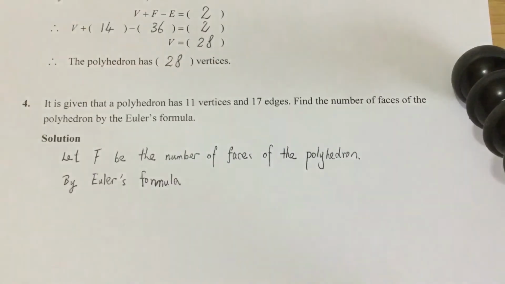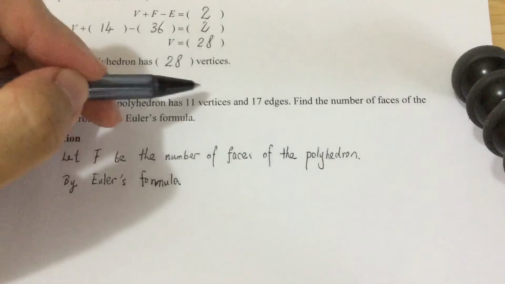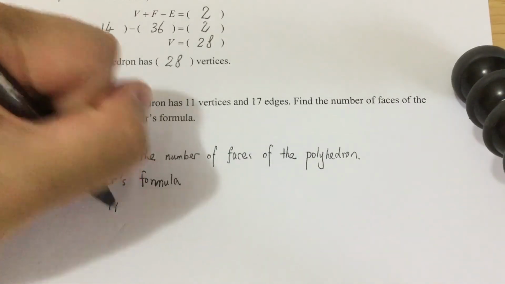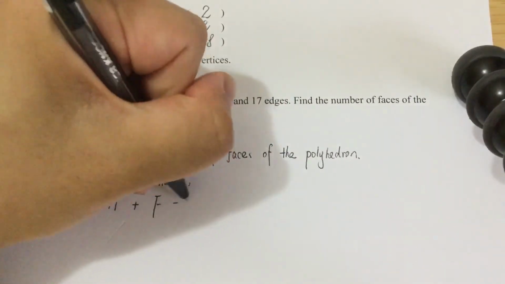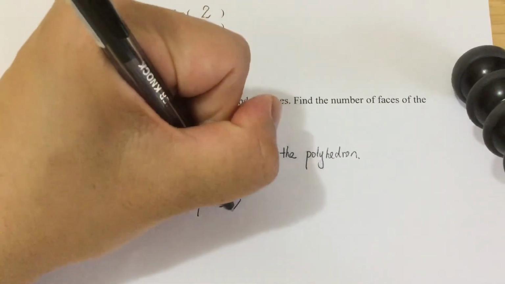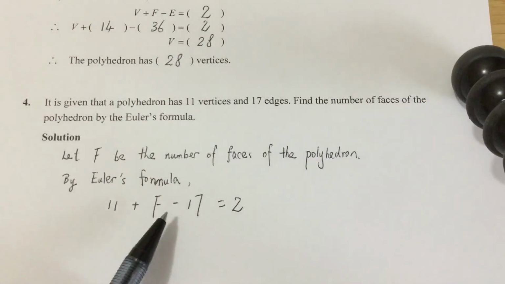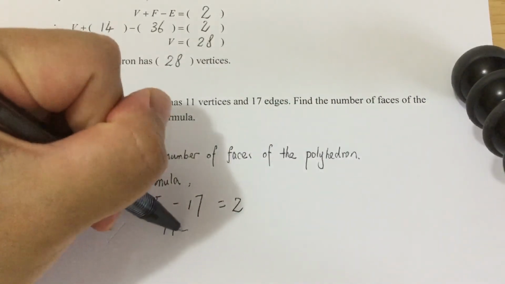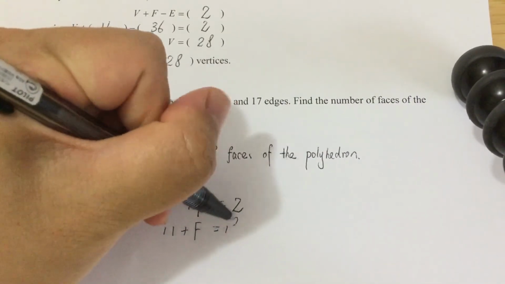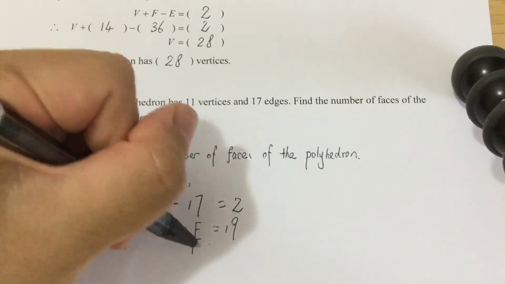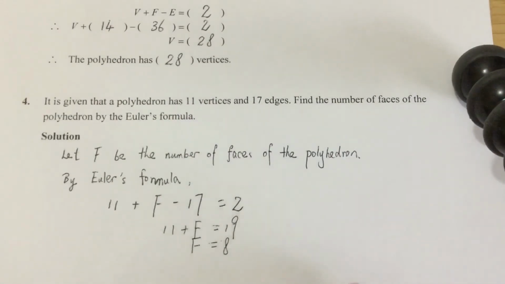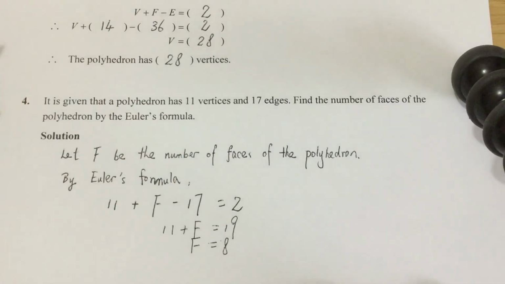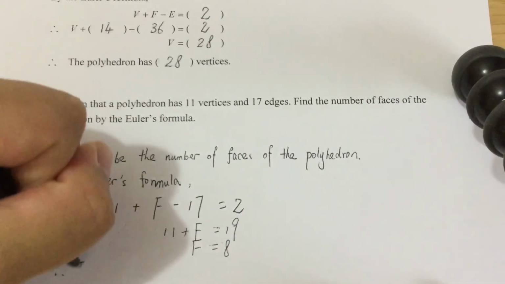That is V plus F minus E. So we have 11 vertices: 11 plus F minus 17 equals 2. So we are going to calculate F. You have 11 plus F equals 19, and then F is equal to 8. So the answer is that there are 8 faces of the polyhedron.